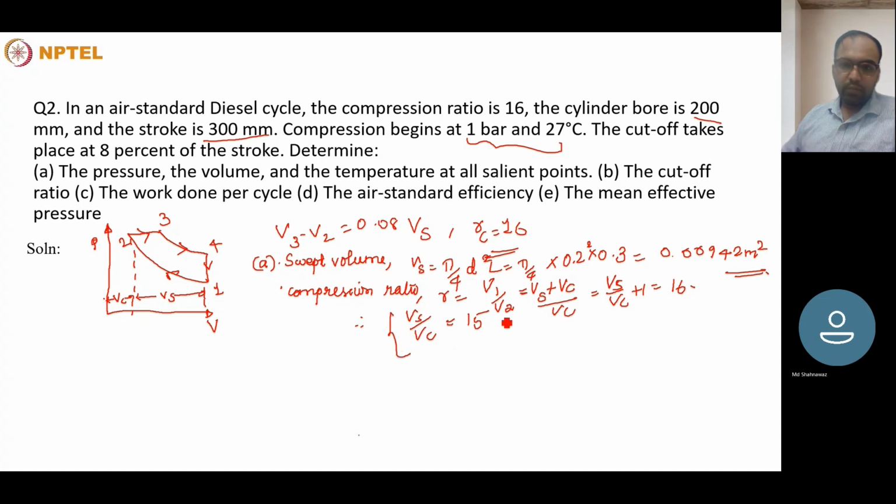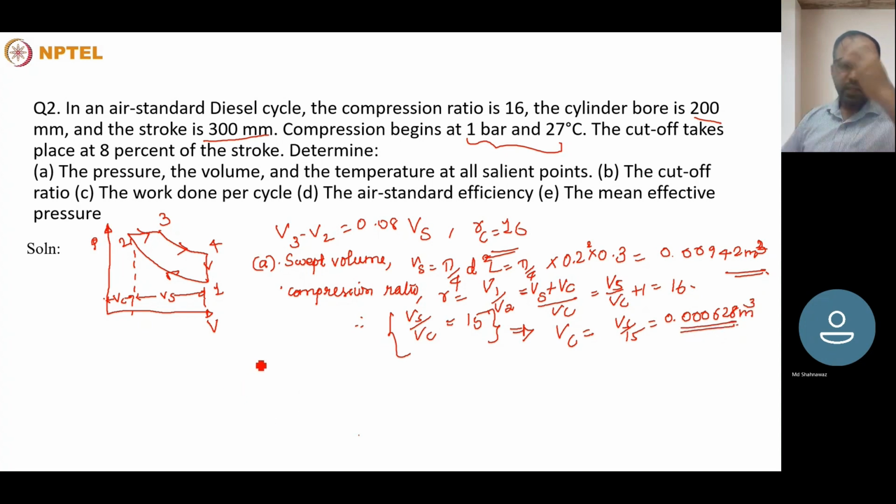The stroke volume divided by the clearance volume is equal to 15. The swept volume is equal to 0.00942. Therefore, the clearance volume Vc, which is V2 in this PV diagram, is equal to Vs divided by 15. That will be coming around 0.000628 meter cube.